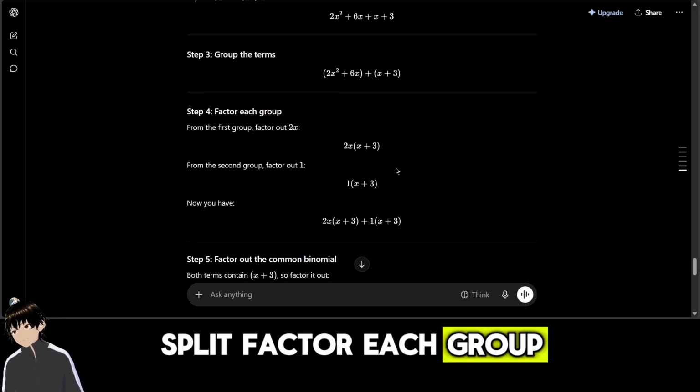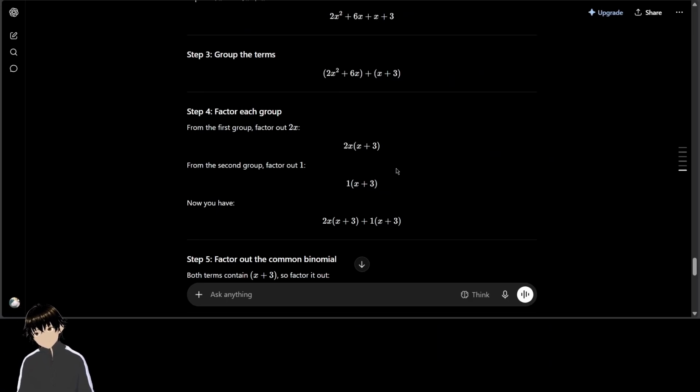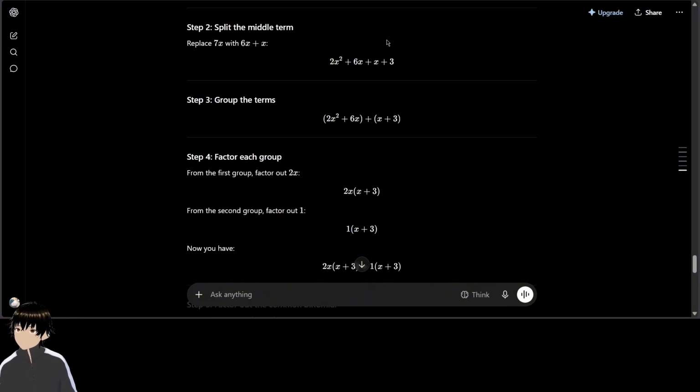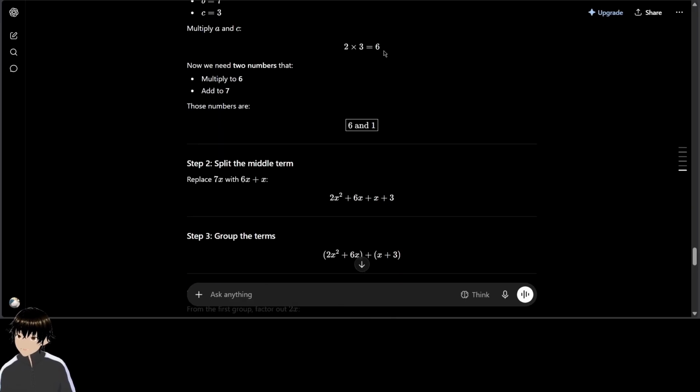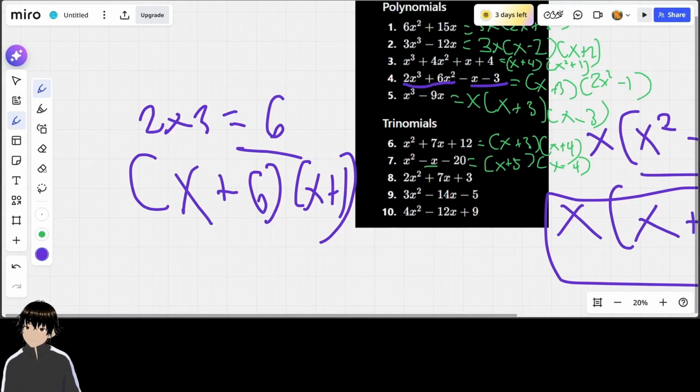Split, factor each group. Six x plus x. Why 6x?